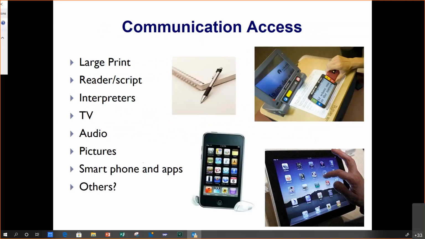So for communication access, this is really a critical piece.